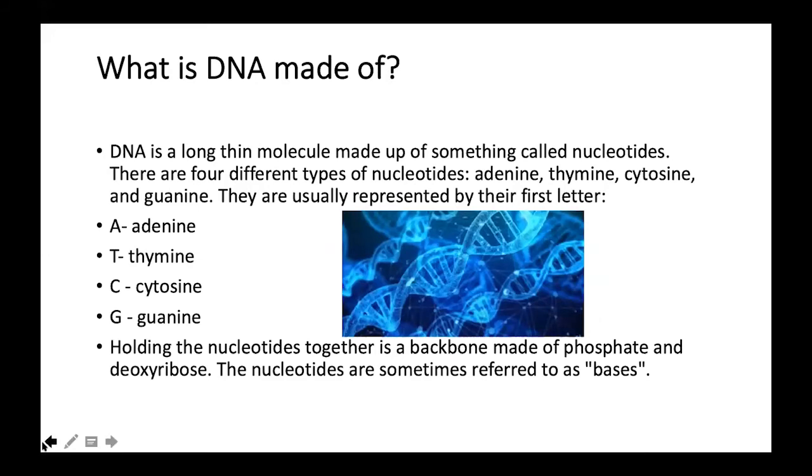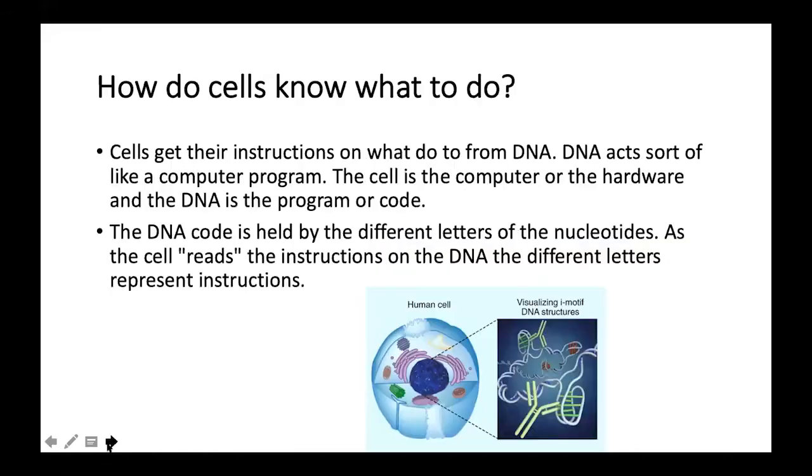So, DNA is able to give different instructions to the cell. DNA is considered as the software of a cell. Imagine the cell as the computer or the hardware, and imagine the DNA as the software or the program of this cell.